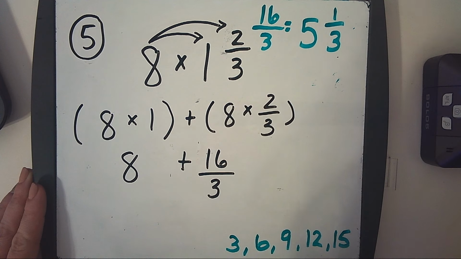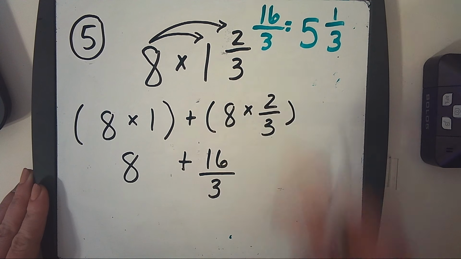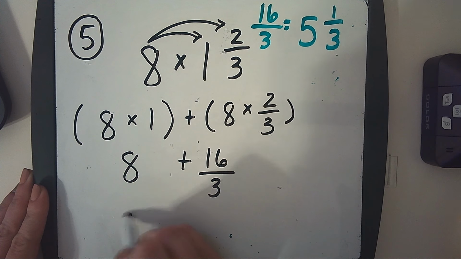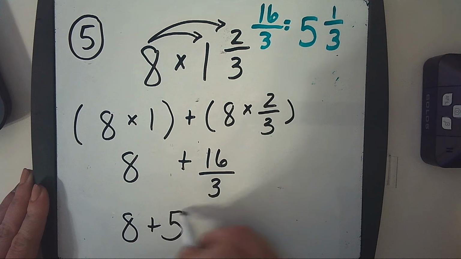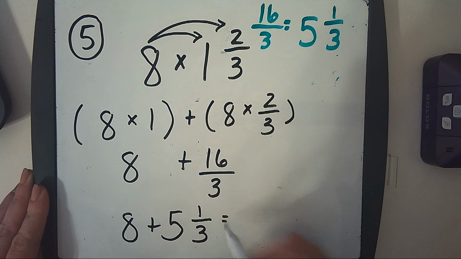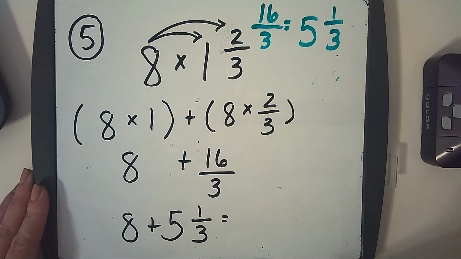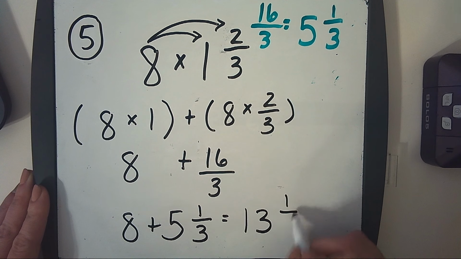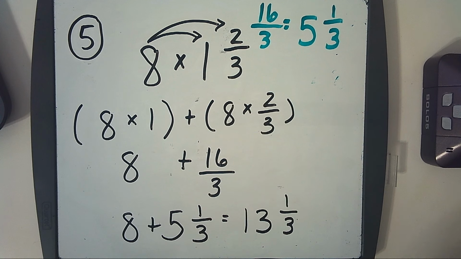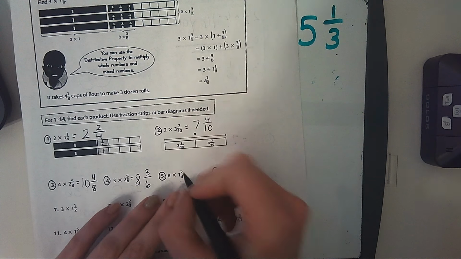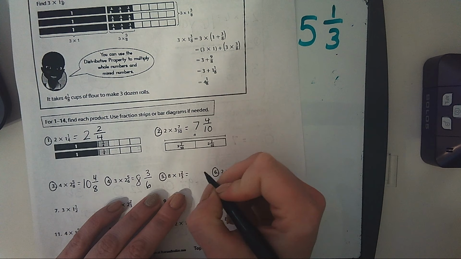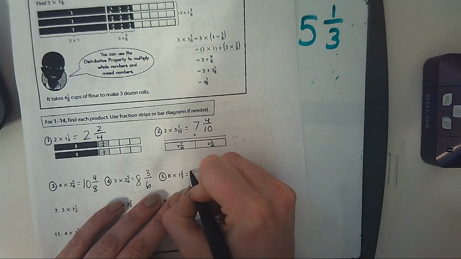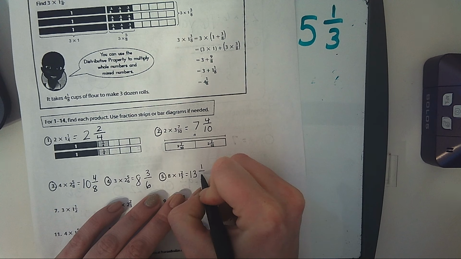So we will now have 8 plus 5 1/3, which equals 8 plus 5 is 13 and 1/3. So now on my paper, next to number 5, I will write equals 13 and 1/3.